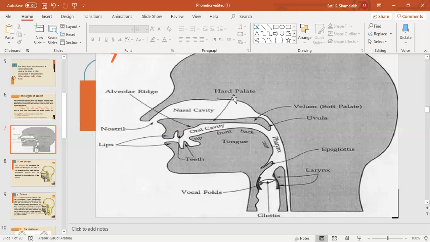Move your finger back. You find the soft palate or the velum. These are the organs of speech. It's not difficult to learn them. Just when you draw this form many times, you will learn them very well. It is an enjoyable topic.